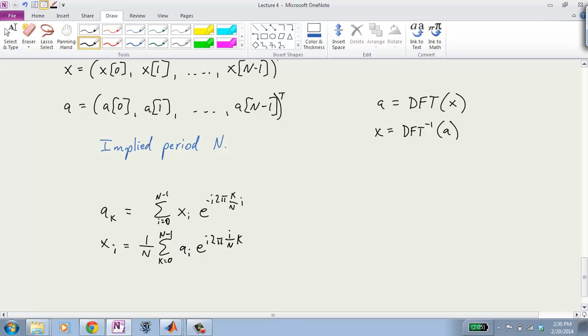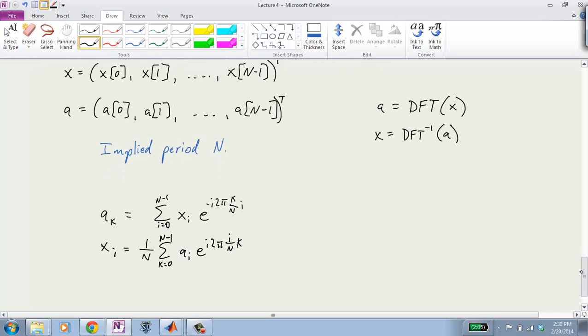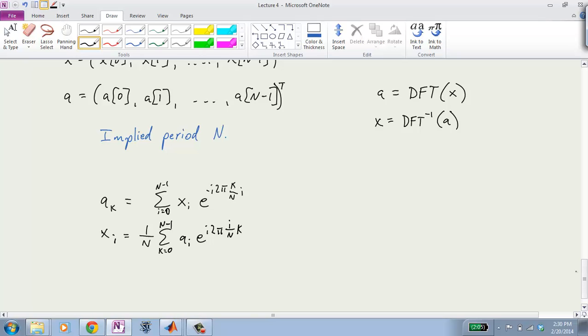All right, so this is the formula used to compute the DFT. So what is different about this and the Fourier series?